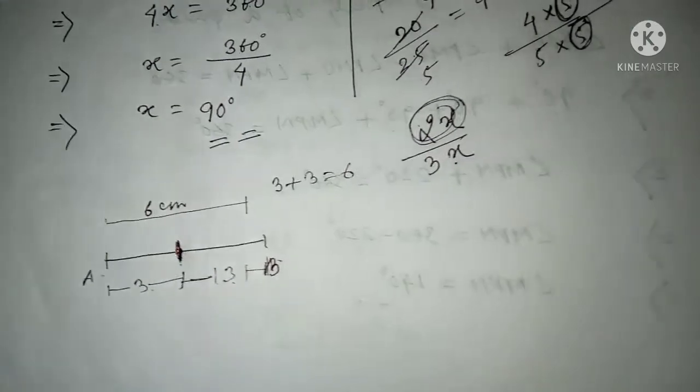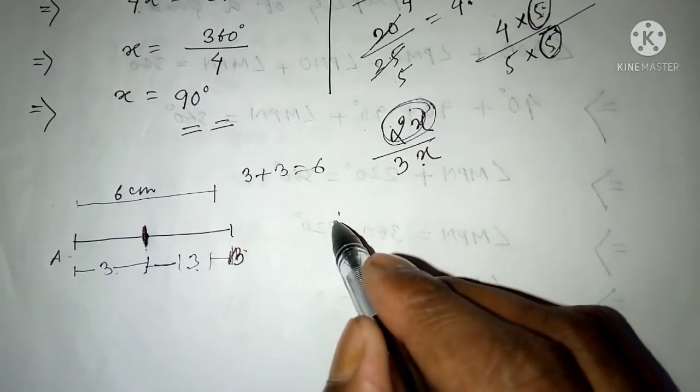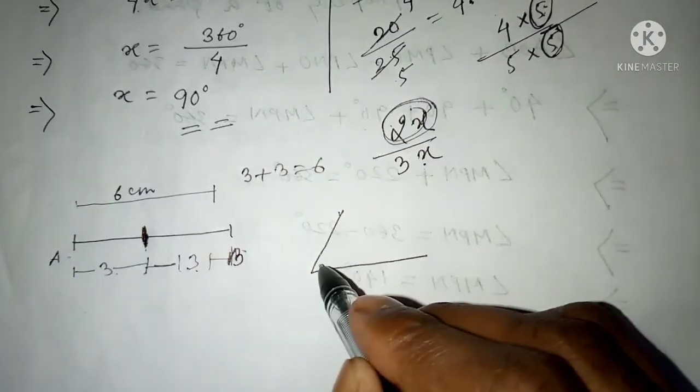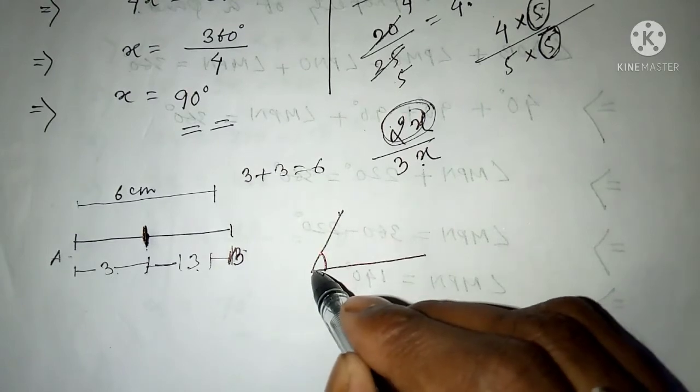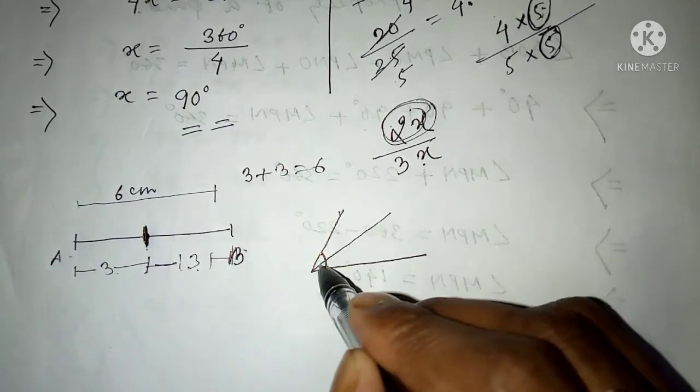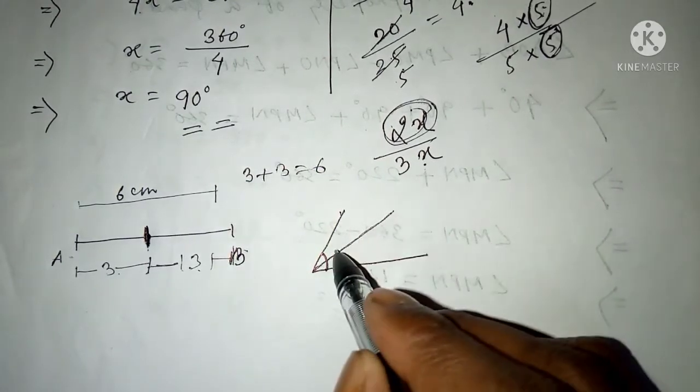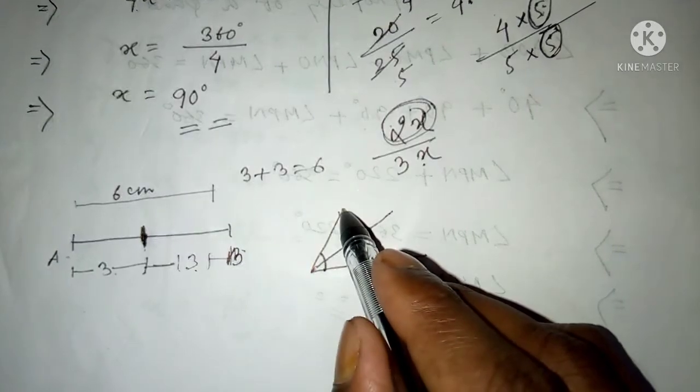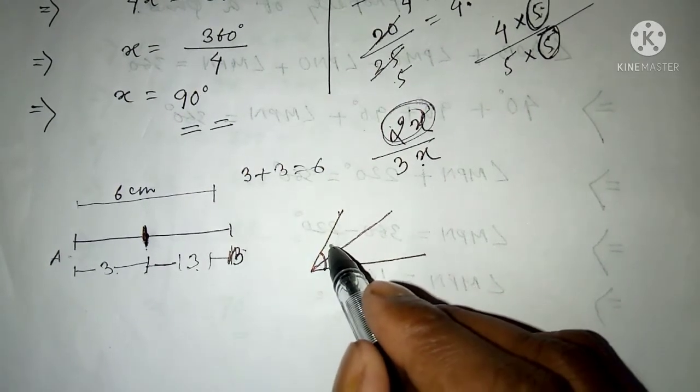In the same way for an angle also, say for example, I have any angle here. Now if I divide this angle equally into two parts, I have two angles. Firstly we had one angle, now we have two angles.